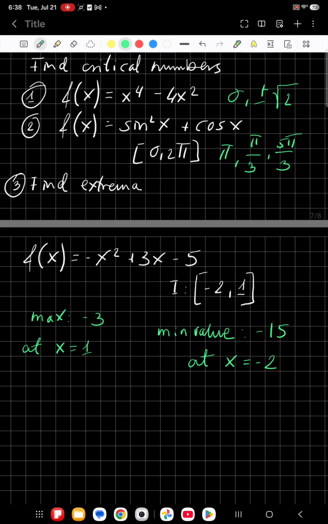All right, so I'll give you a summary of finding those extrema, and then I have one more example, I think. So finding extrema on a closed interval.